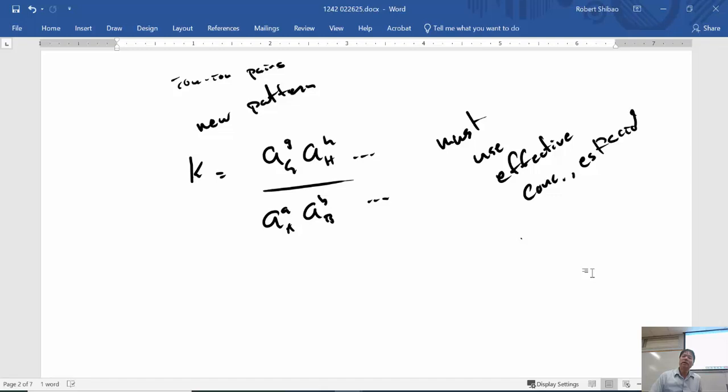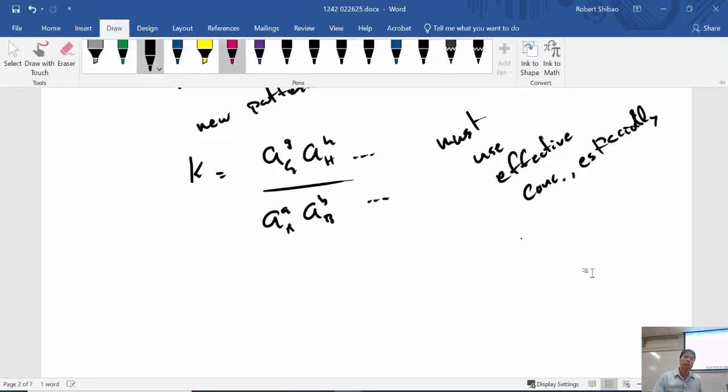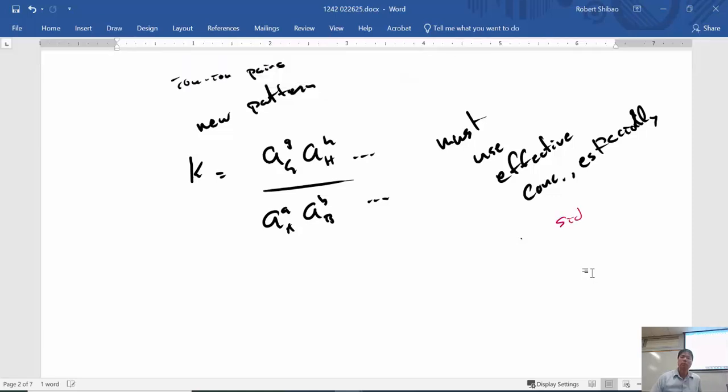Do you guys remember the van der Waals equation for real gases? PV equals nRT doesn't work all the time.